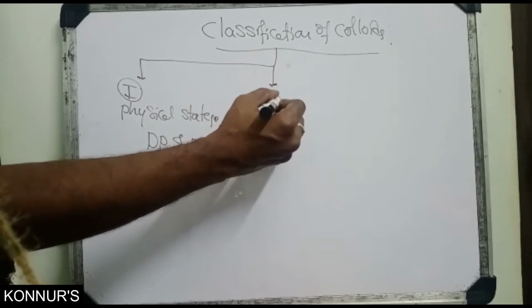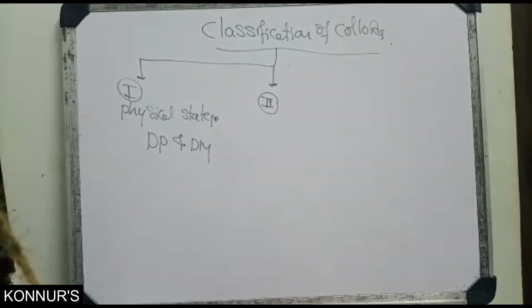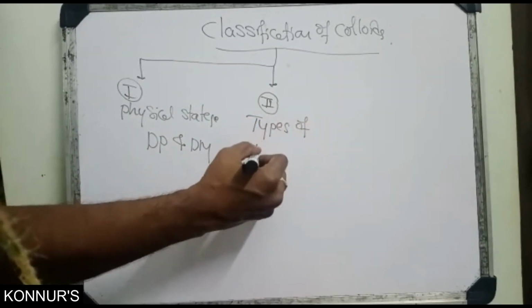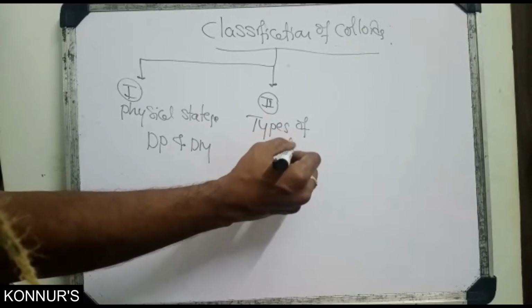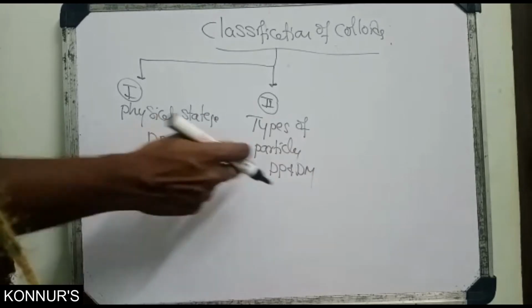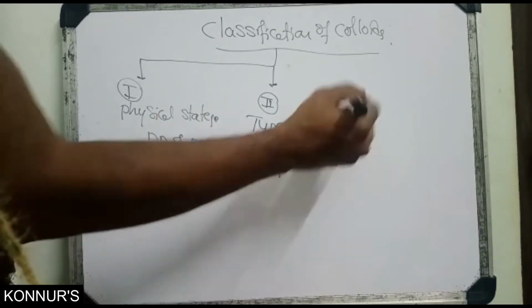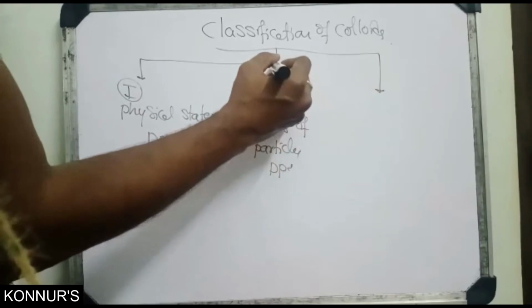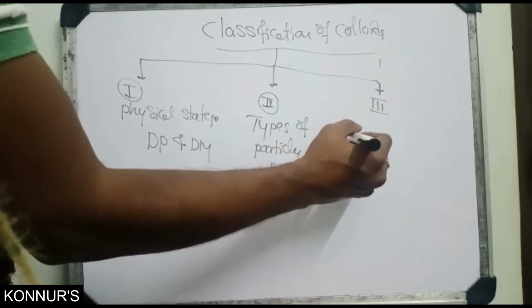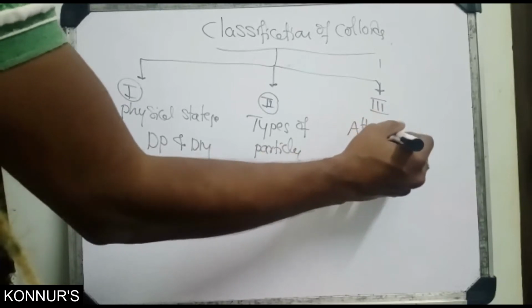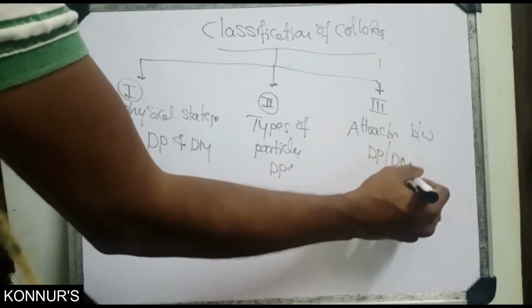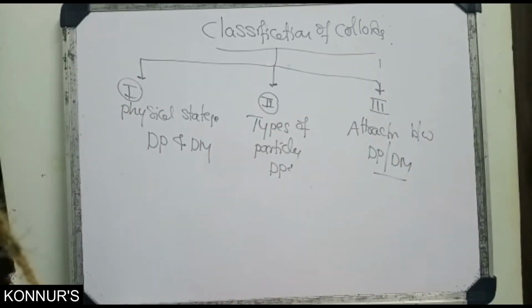The second category is the types of particles of the dispersion phase and dispersion medium, where the dispersion phase is mainly important. The third one is the attractive forces between dispersion phase and dispersion medium. First we will discuss the physical states.